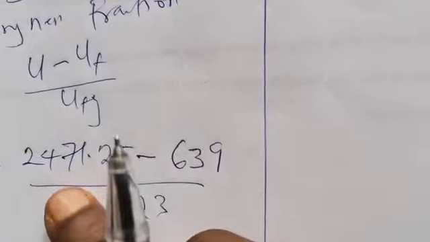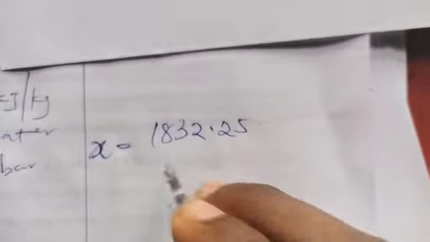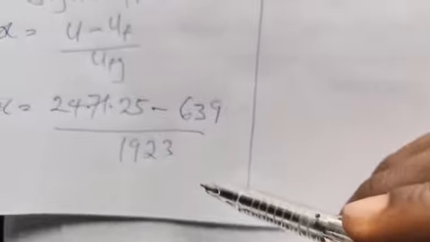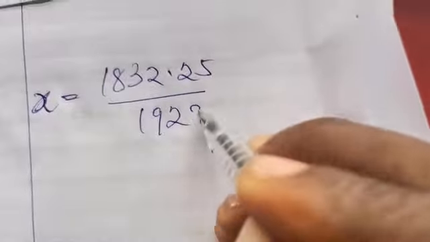So X is equal to 2471.25 minus 639, which is 1832.25, divided by 1923.